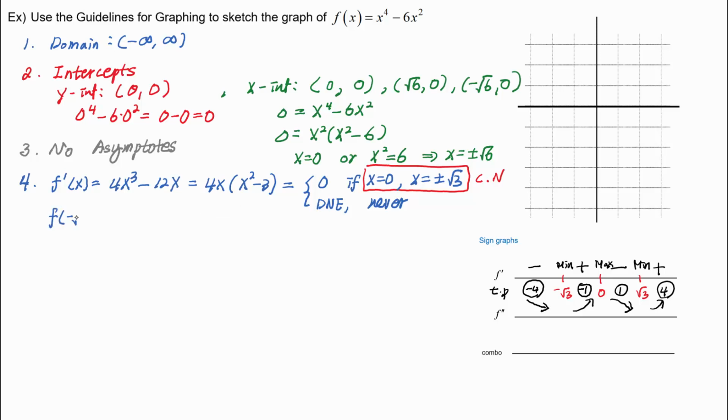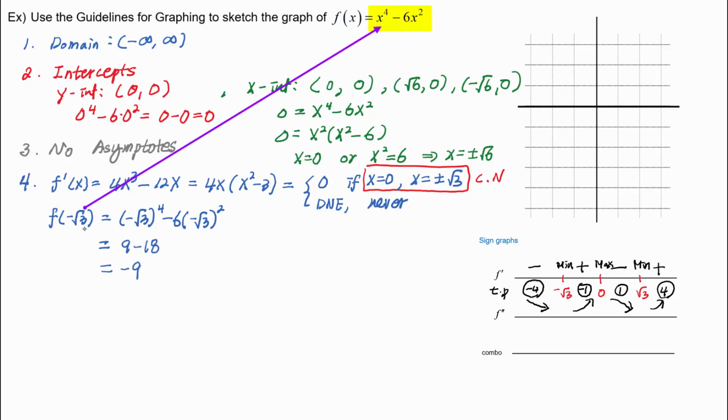f of negative radical 3 is, going back to the original function, negative radical 3 to the 4th power minus 6 times negative radical 3 squared, which is equal to 9 minus 18, which is negative 9. But whether you plug in negative radical 3 or positive radical 3, you can see I'm going to get the same answer since we're raising to the power 4 and the power 2.